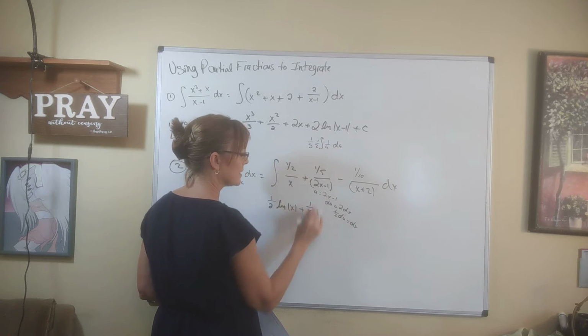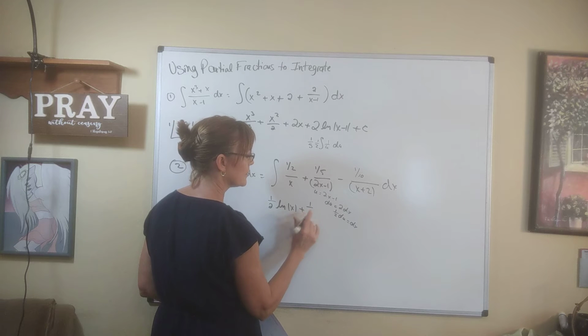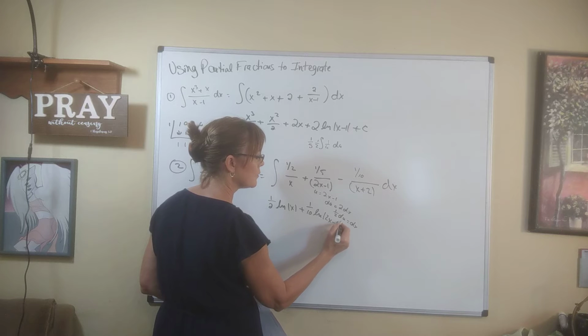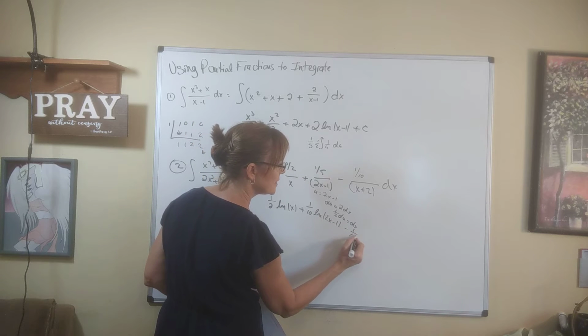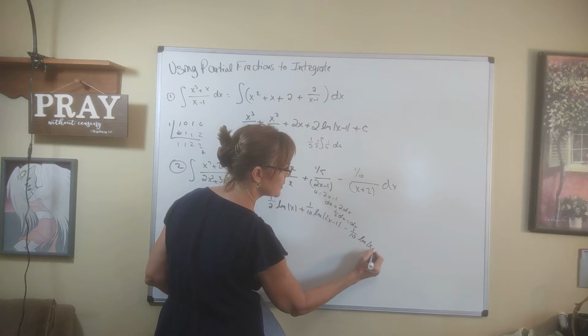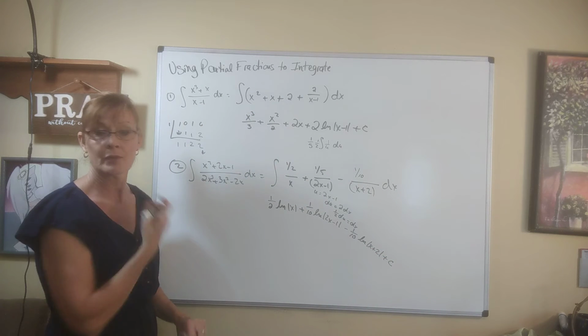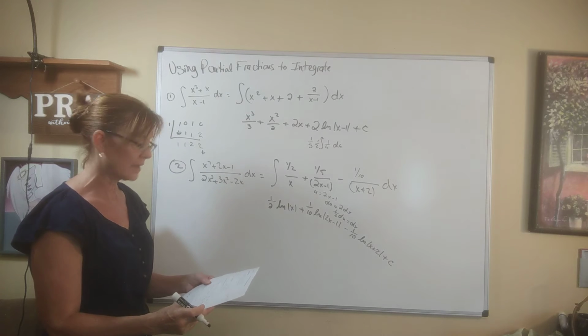So when we integrate that, that's going to be 1/5 times 1/2, or 1/10, the natural log of 2x minus 1, minus 1/10 the natural log of x plus 2 plus a constant. And so that's how we can integrate that so easily after we get that one.